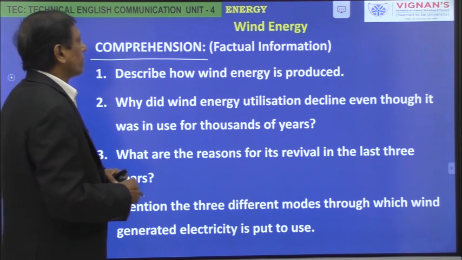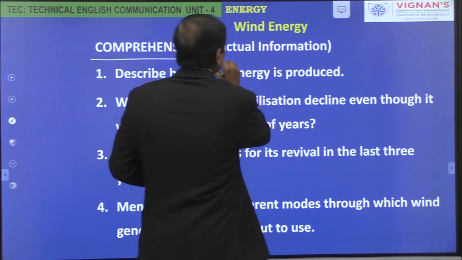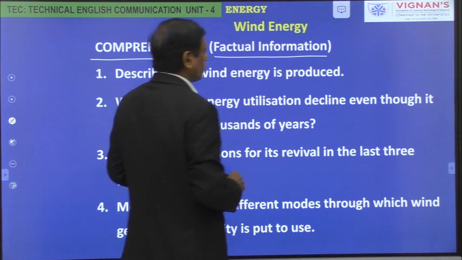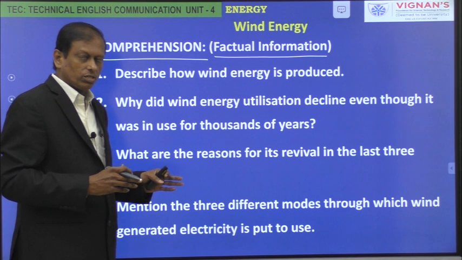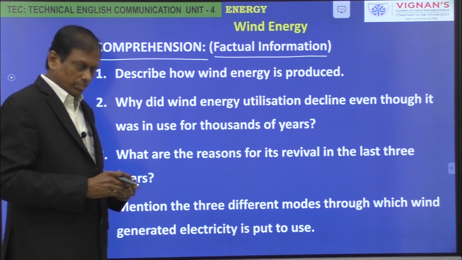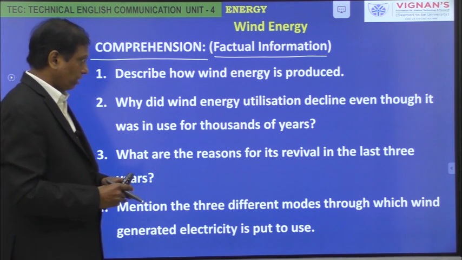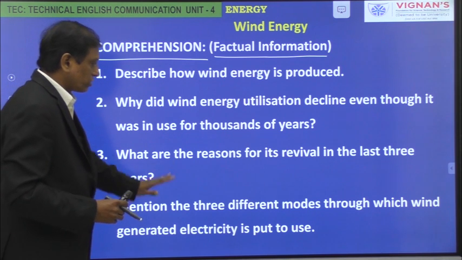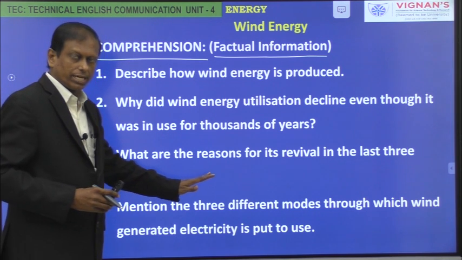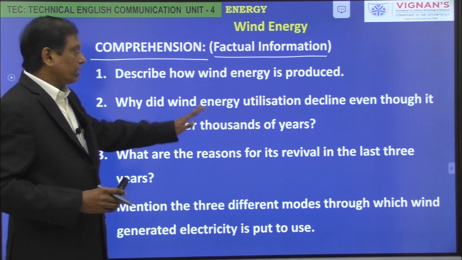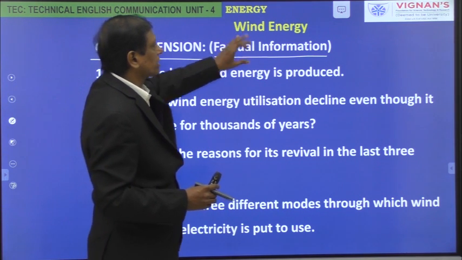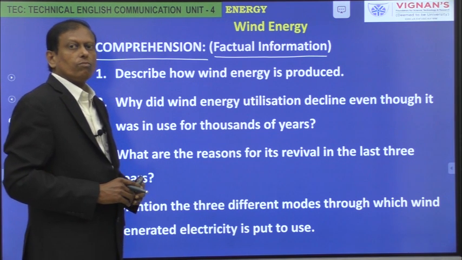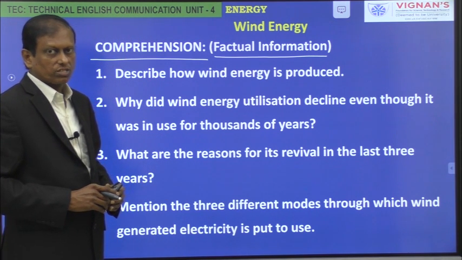As our reading skills, reading for factual information, extrapolation, and author stance are the 3 major sub-skills in this unit. Now let us see. These are the 5 questions based on this reading passage, and they are majorly focusing on finding factual information from the passage.